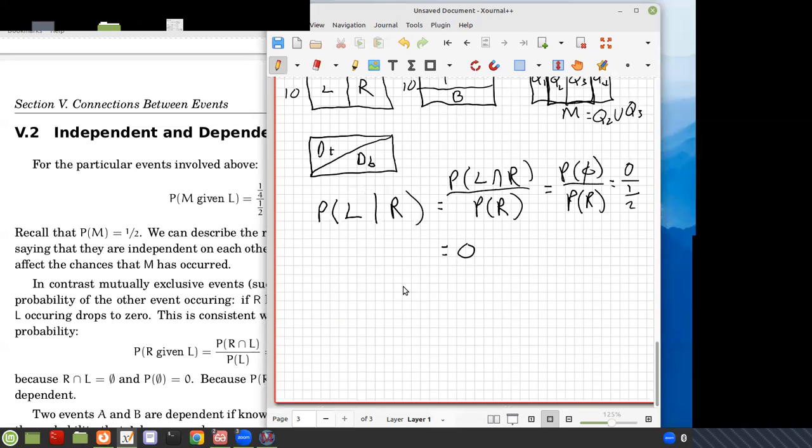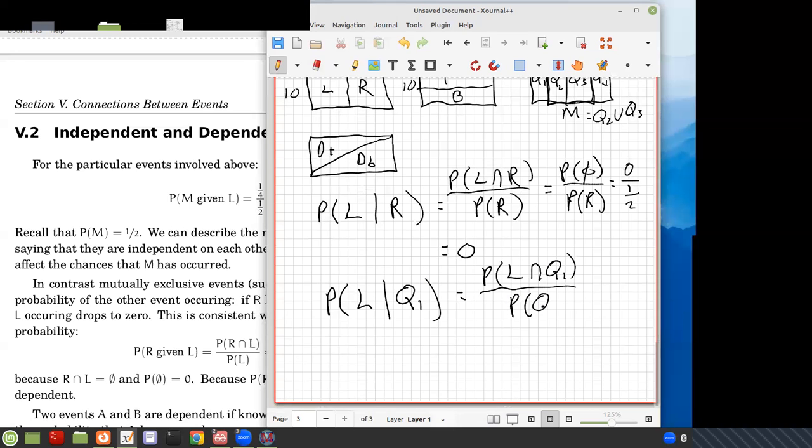On the other hand, the flip side of that is, let's say, what's the probability that it's in the left, given that it's in Q1? Well, that's going to be the probability of the intersection of L and Q1 over the probability of Q1.